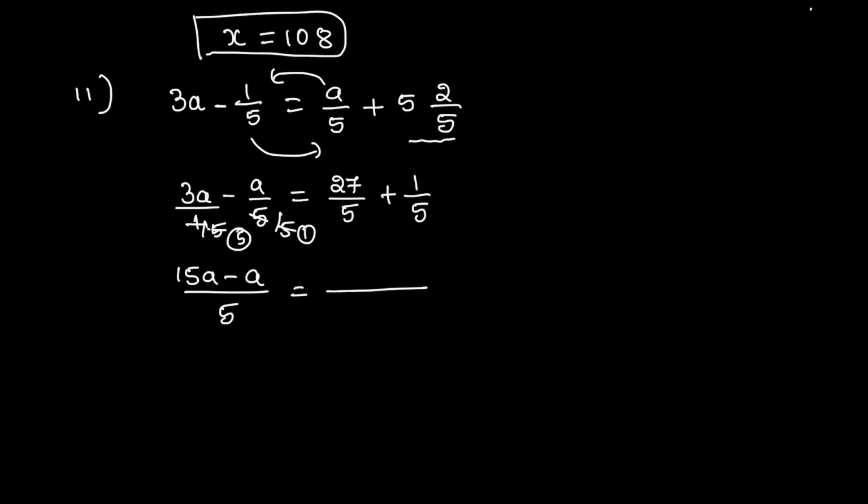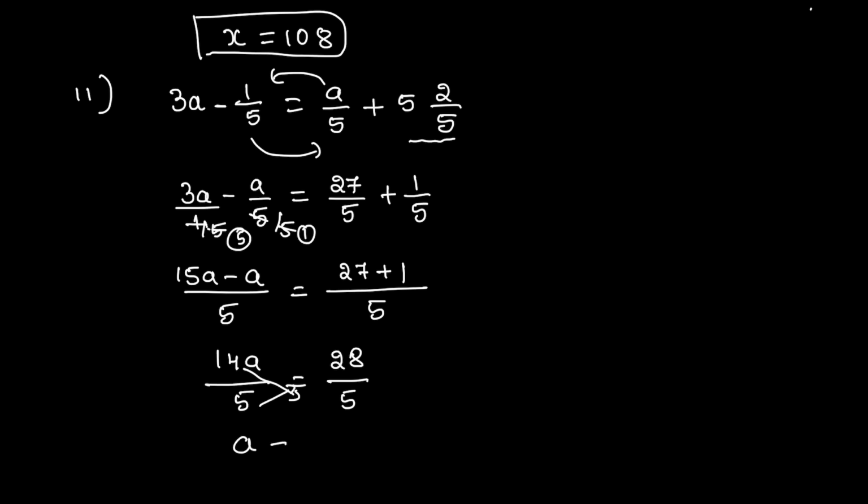On the right hand side again, the denominator LCM is the same. We have the same number, 27 plus 1. 15a minus a is 14a by 5, and 28 divided by 5. This 5 will go to the numerator and 14 will go to the denominator.